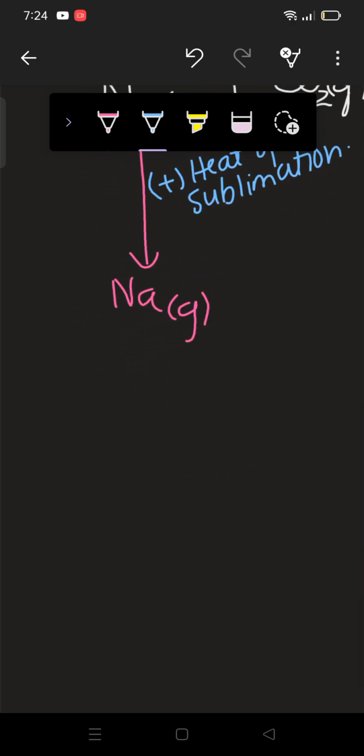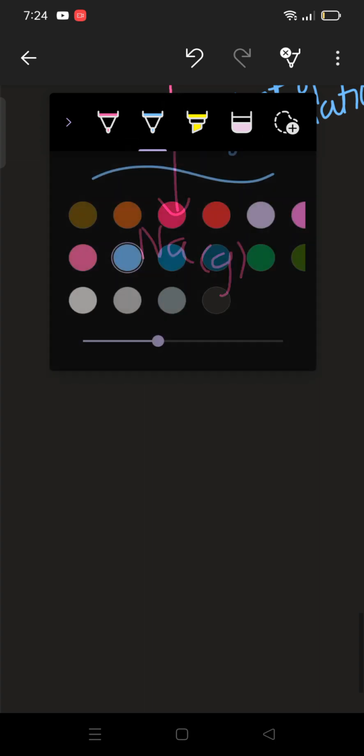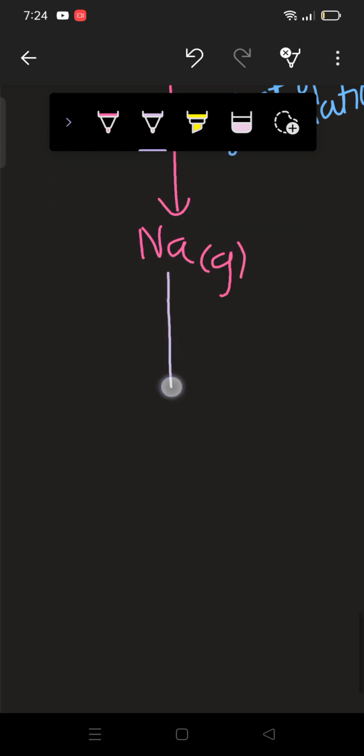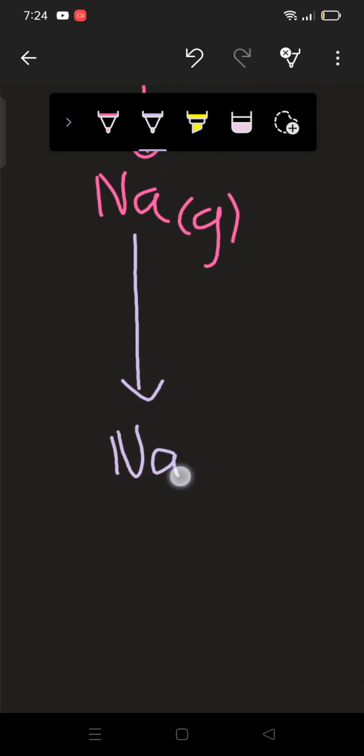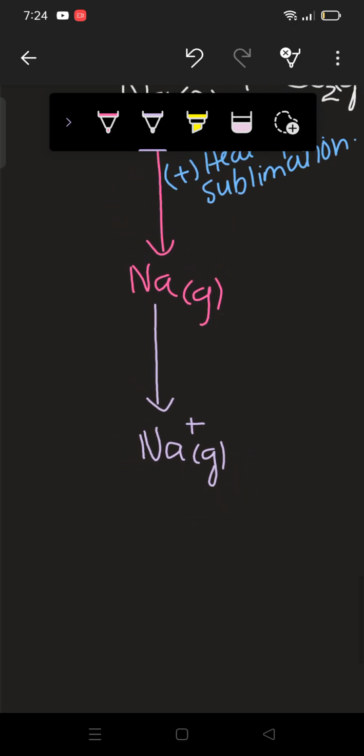Now we need to remove one electron from it. We need to make it Na plus. In order to make it Na plus in the gaseous state, we have already discussed ionization energy, the energy which is required to remove the electron from the gaseous atom.